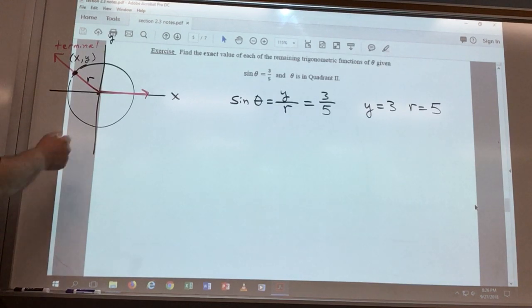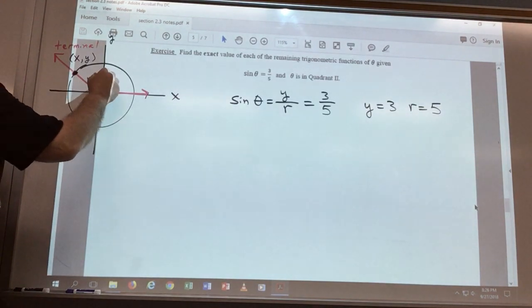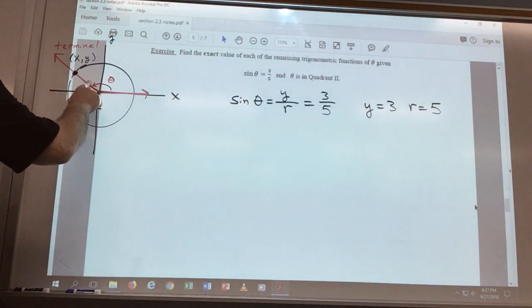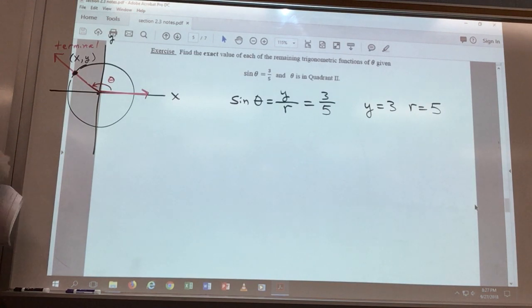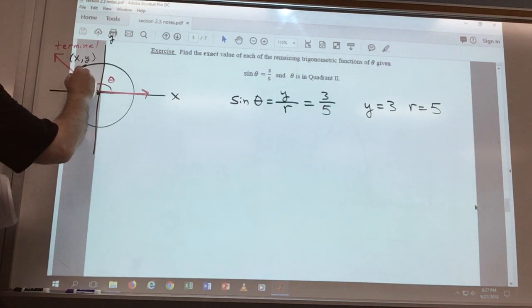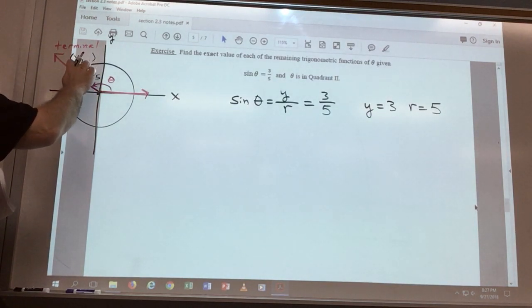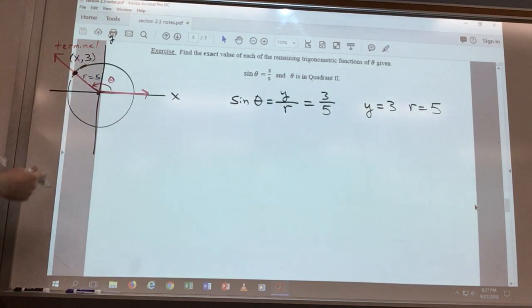And I apologize for that. So this is our angle theta, drawn in standard position. And so the radius r here is 5 units. And the y coordinate here is equal to 3.